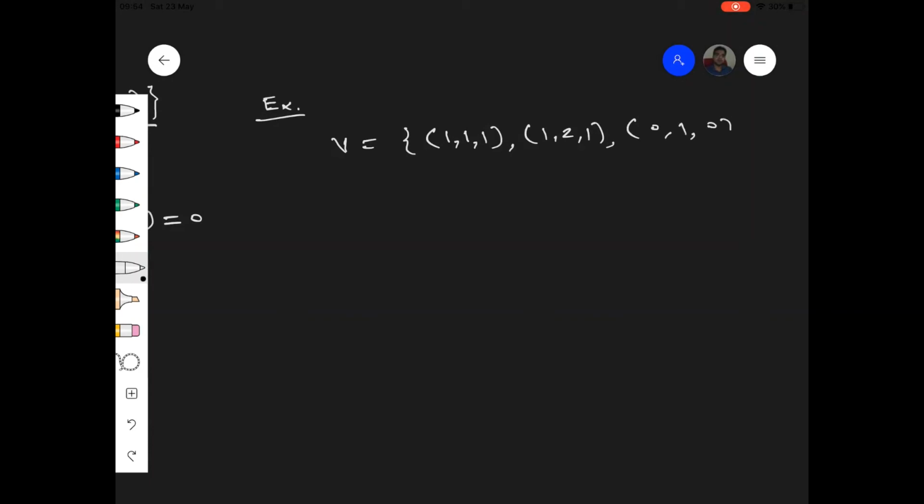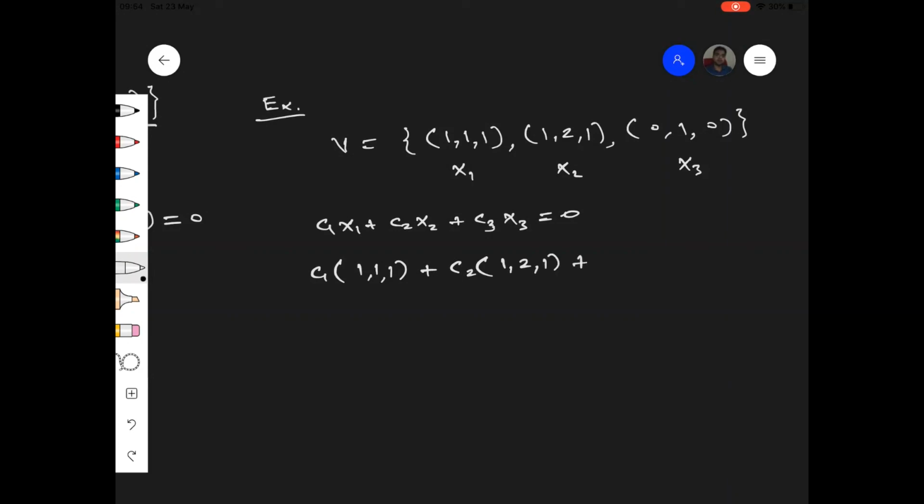If it is not linearly independent, then certainly it will be linearly dependent. So again, we identify x1, x2 and x3, write the linear combination and equate it to 0. Let's write the values of x1, x2 and x3: c1 times 1 1 1 plus c2 times 1 2 1 plus c3 times 0 1 0, and now we can write the equations in terms of c1, c2 and c3.